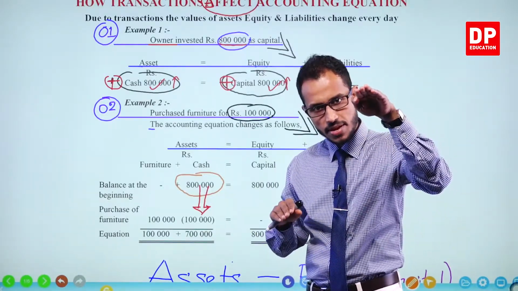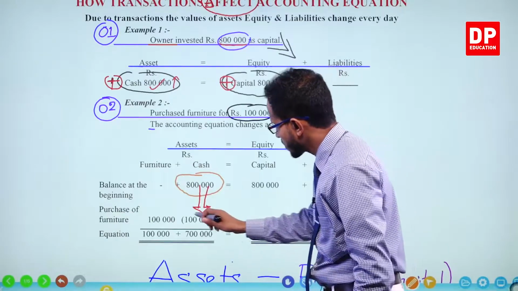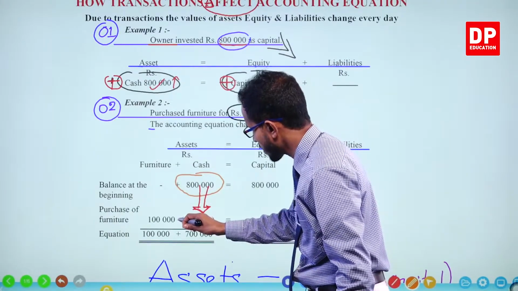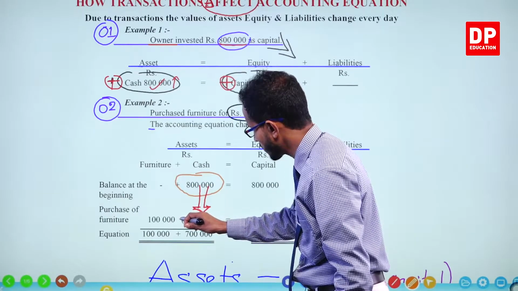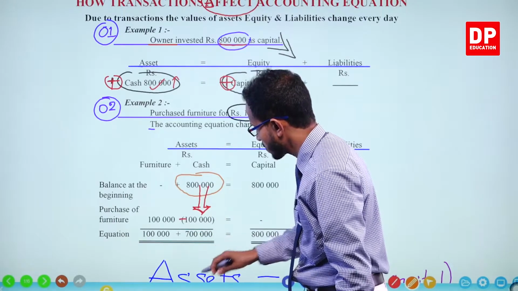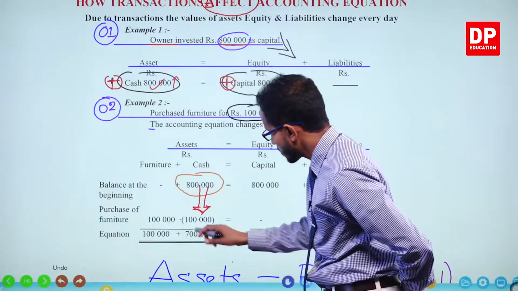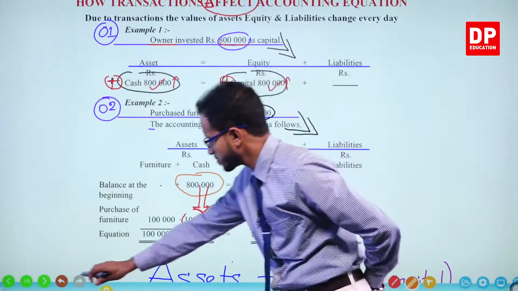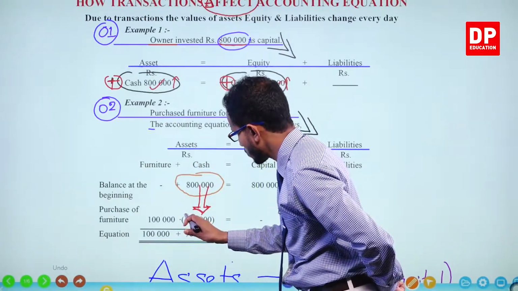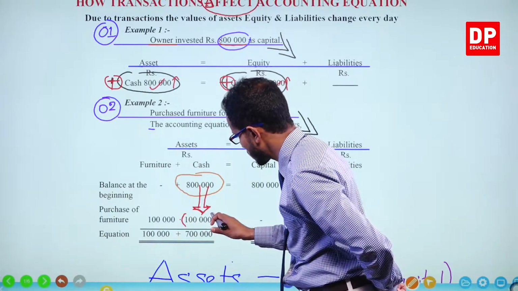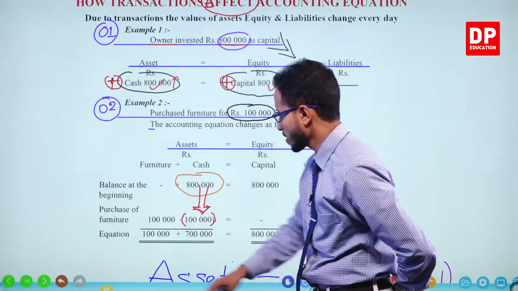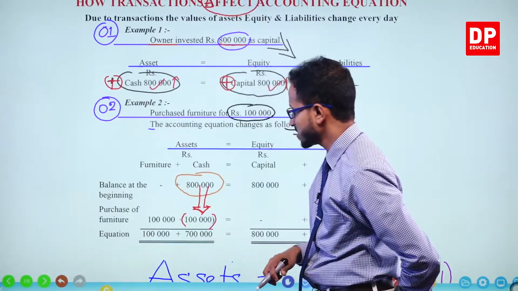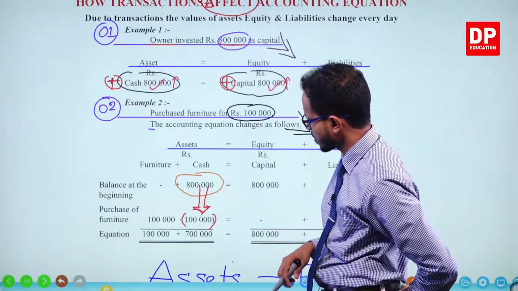The cash remaining has decreased. To show that, I will put a minus mark here. But no need of putting a minus mark because, children, using brackets in accounting shows that it is a decrease. Okay?